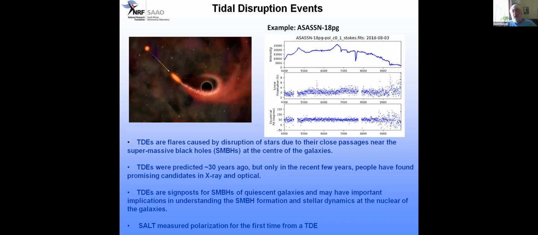And we detected it in a MeerKAT observation.